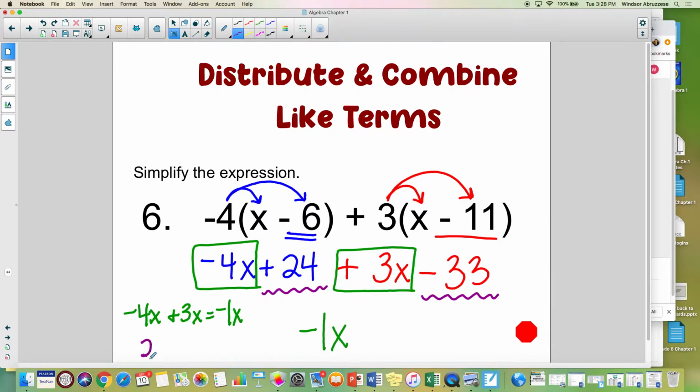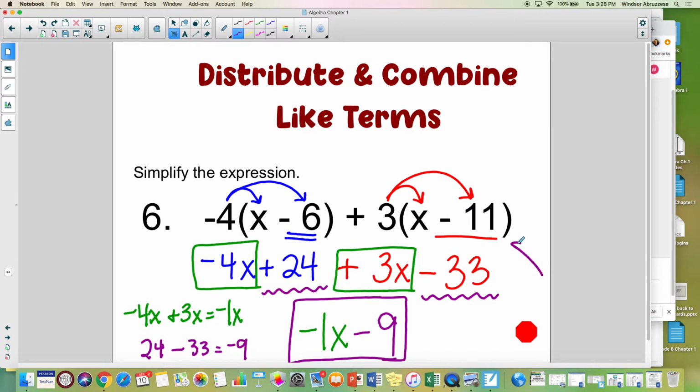Well, 24 minus 33 is negative 9. So I'm just going to attach my negative 9 at the end of my expression. So this whole expression here is equivalent to this final answer, negative 1x minus 9, which cannot be simplified any further, so we are done.